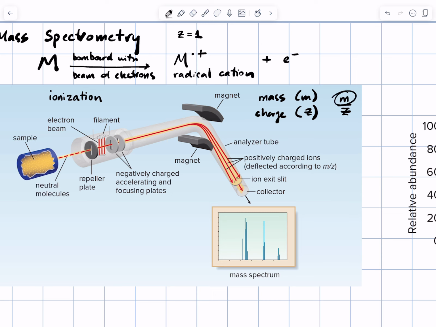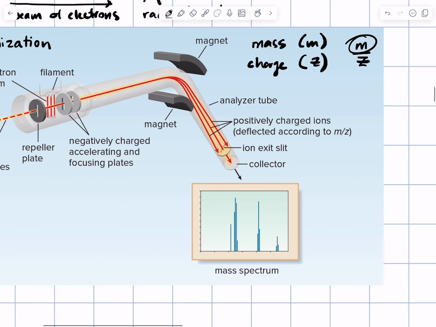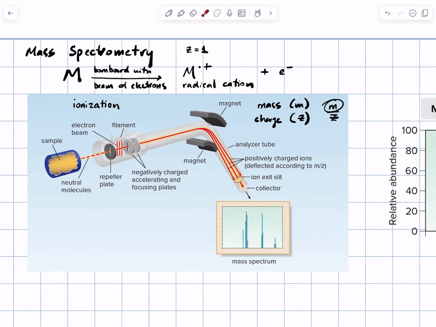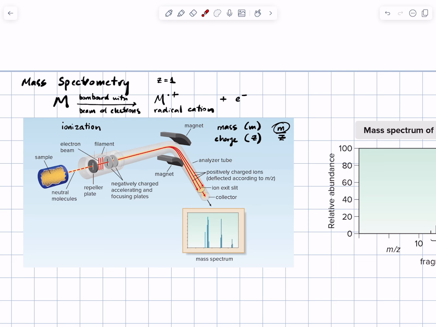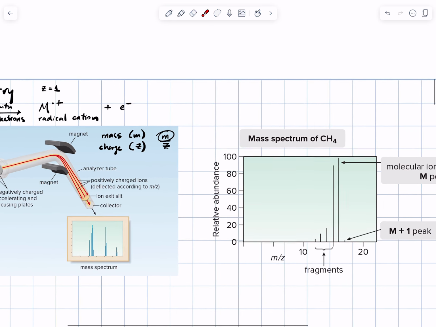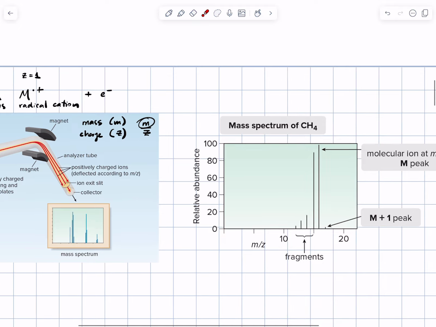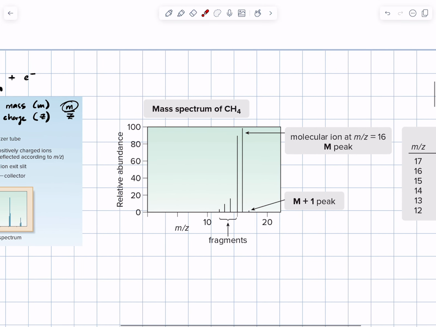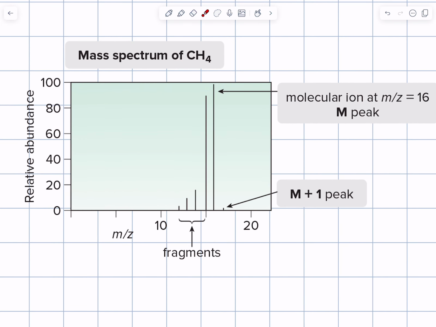So these are the data that you get. At the end of the tube, there's a detector. And the detector essentially scans through all of the M over Z ratios and counts the number of ions it sees at each M over Z ratio. And from this, you can learn some things about your desired molecule. So, for example, here I show you some data for the mass spectrum of methane.